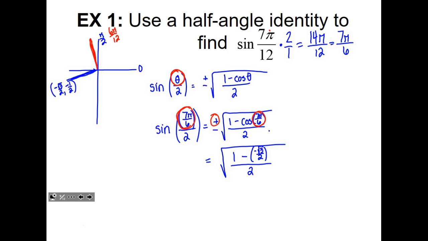The best way to get rid of that fraction is to multiply the top of this equation by 2 and the bottom of the equation by 2. Okay, we can do that. It's a legal move. So we would distribute 2 here, we're still under the square root, 2, and then this minus and this negative here is going to make this a plus.